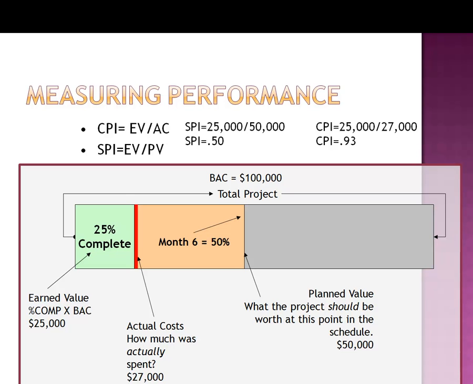Now the SPI, I'm sorry, I said that backwards. It's the earned value of $25,000 divided by the planned value of $50,000. In this example, I made a very broad, significant difference here. I'm saying that this project is 50% off schedule. So again, that was earned value, $25,000, divided by our planned value of $50,000.